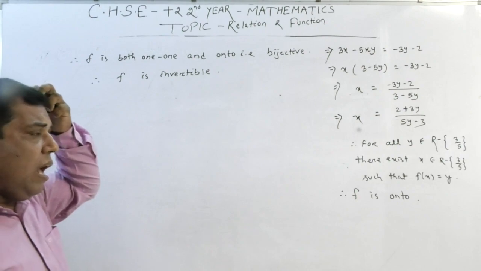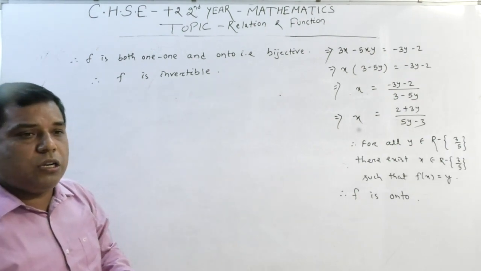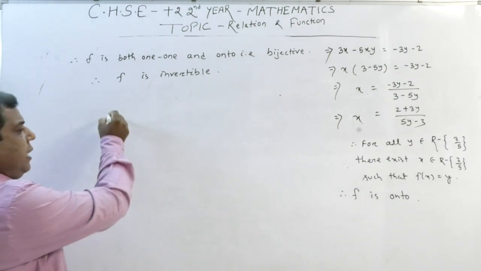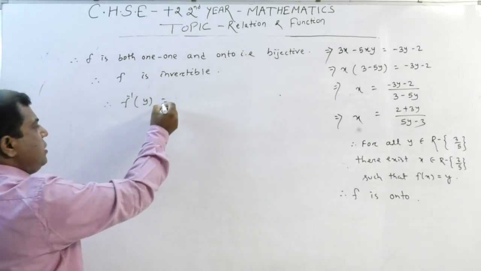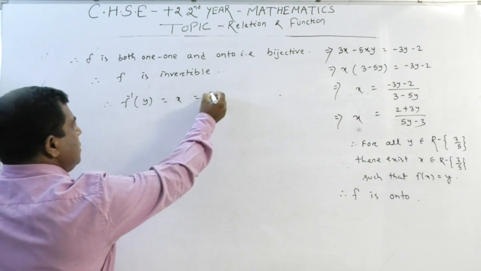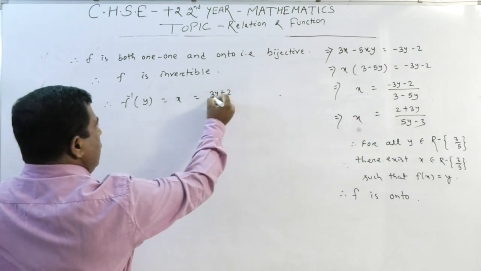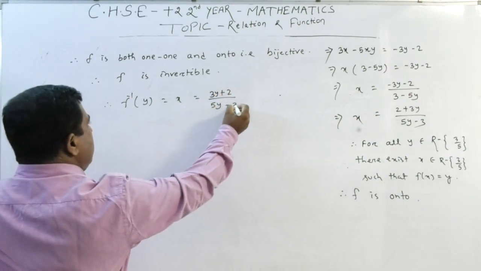Now, how to express that inverse function? Therefore f inverse of y, which is equal to x, is (3y plus 2) divided by (5y minus 3).